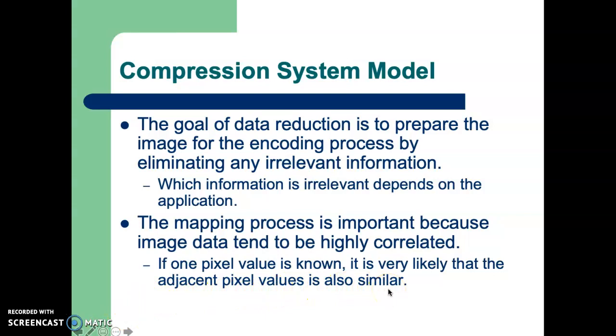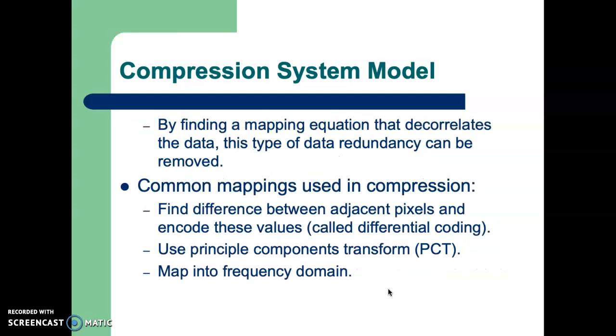Okay, so once you have an image pixel value, the surrounding pixel values will be similar. So that's how you can reduce the image data. So it can be done by finding a mapping equation that correlates the data. So this type of data redundancy can be removed.